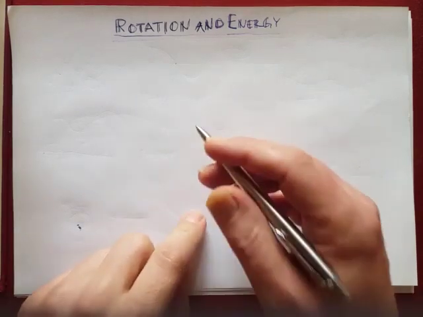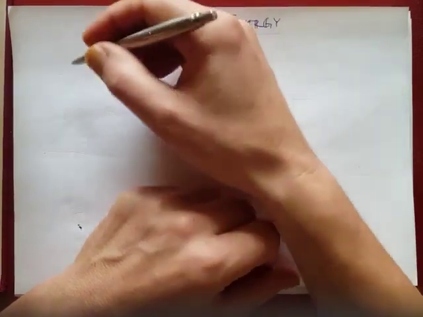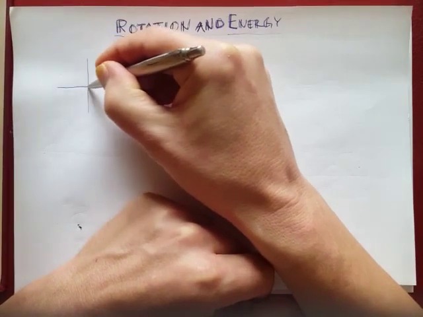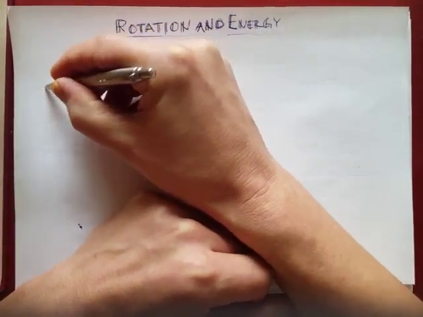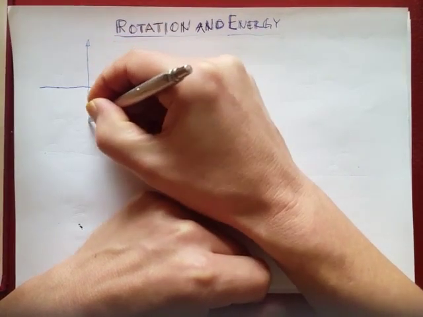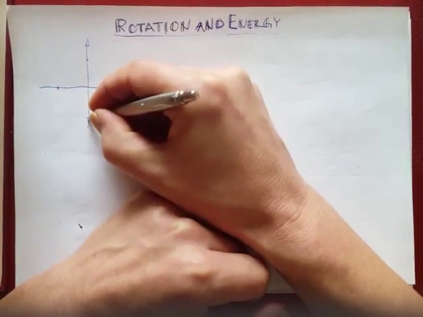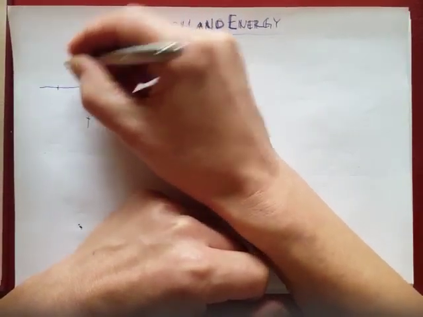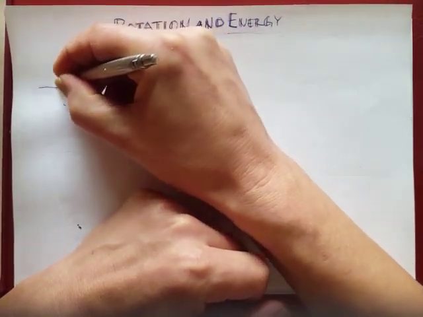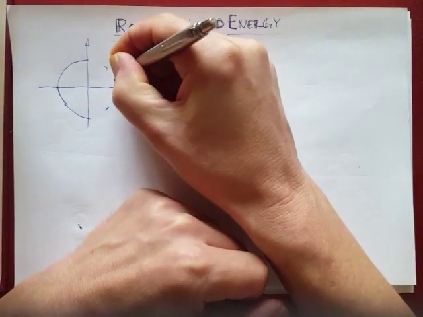So if you start with rotation, I want you to think about a clock, with a handle that rotates. We could call it a pointer or whatever. Of course, since I'm old-fashioned, we're talking about an analog clock, which is going to be like a circle. Let's see if I can get this correct.